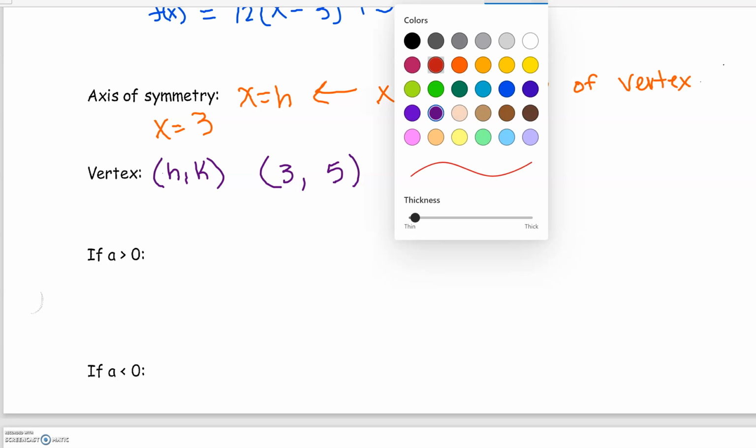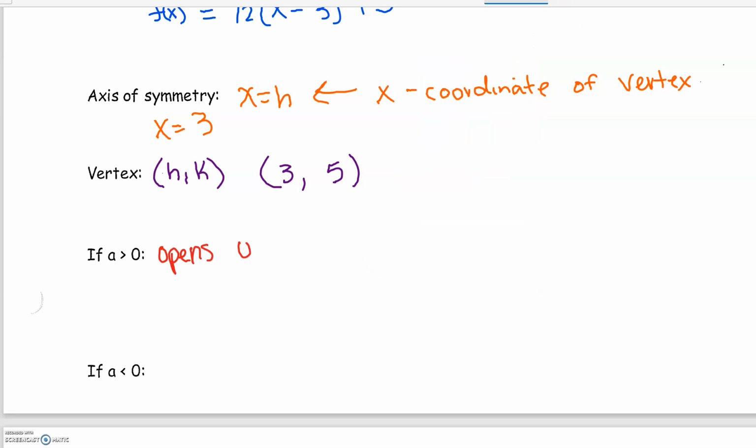So if a is greater than 0, it's going to open up, and there's our vertex, minimum, min.